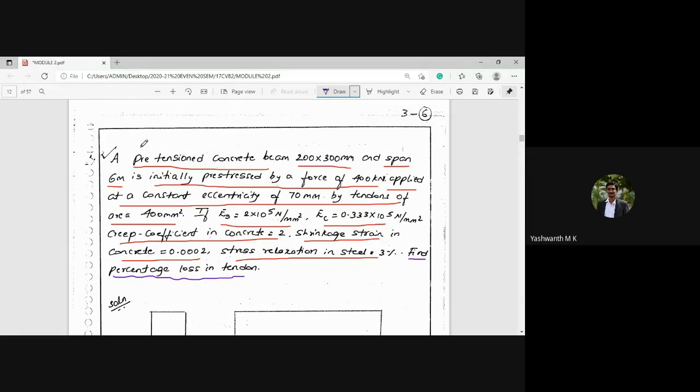In a pre-tension concrete beam the losses will be different, and in a post-tension concrete beam the losses will be different. Hence the very first step you need to do in the examination is to see which type of beam it is, whether pre-tension or post-tension. Fine. Now the problem is a pre-tension concrete beam.